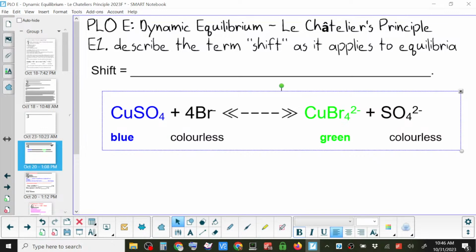I'm gonna add it to this one. This is the NH4Br again, just so we can get 2 green ones.